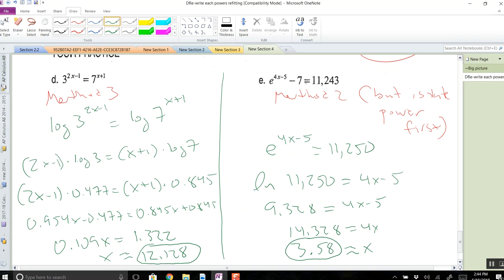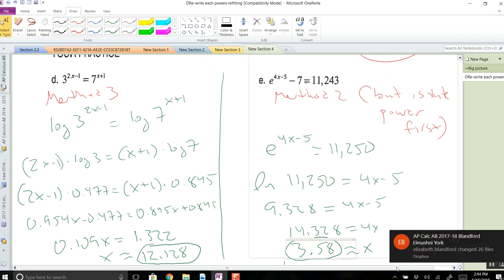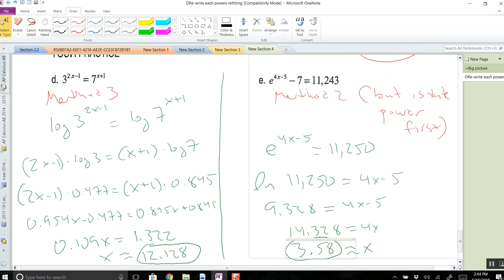Okay, here's what I got. So notice I used method 3 for part D. Take a log of both sides, move the exponents to the front, use a calculator to figure out log 2 and log 7. Distribute. It becomes a very simple linear equation.